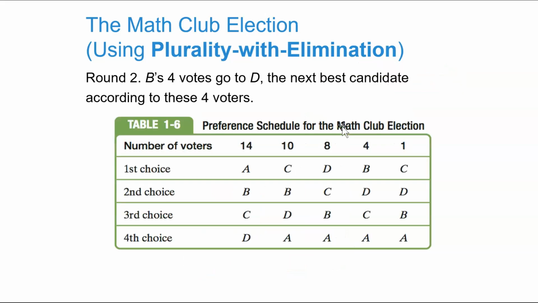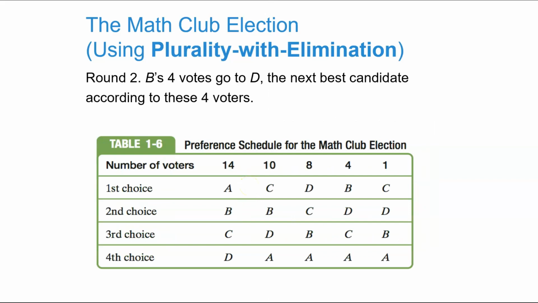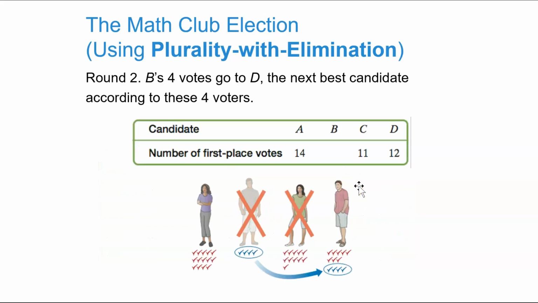Now, B gets eliminated, so let's get rid of B. B is gone, B is gone, B is gone. And the cool thing is now D gets to move up, and those 4 votes now go to D. So remember, B is gone, D got those 4 votes, so now D has 12.